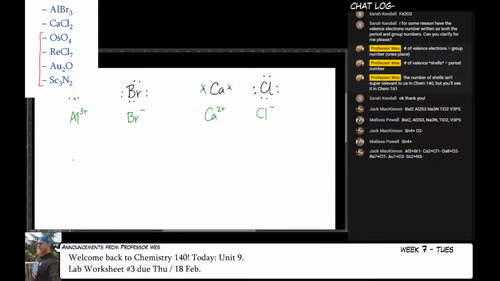Now let's do the transition metal ones, which have a bit of solving. So I have osmium, and I know that its charge is blank. We'll call it X. And I've got 4 oxygens here. And we know that each oxygen is going to be -2 because we've done oxygen all day, right?